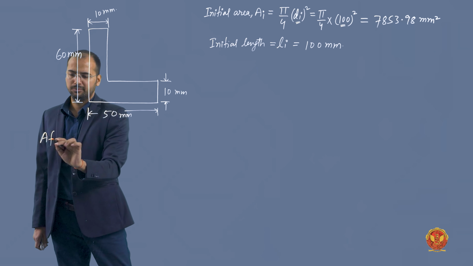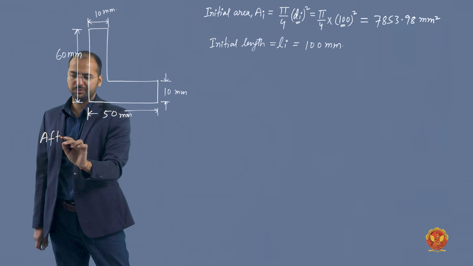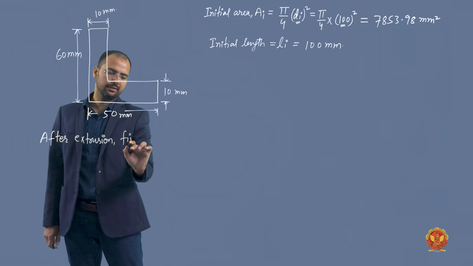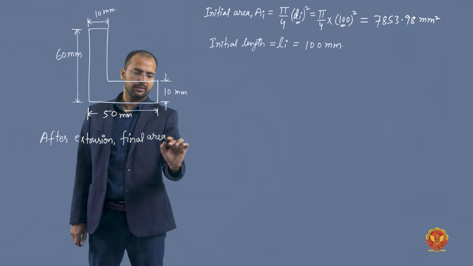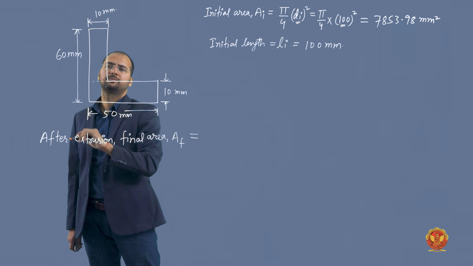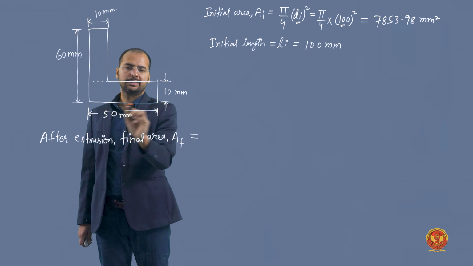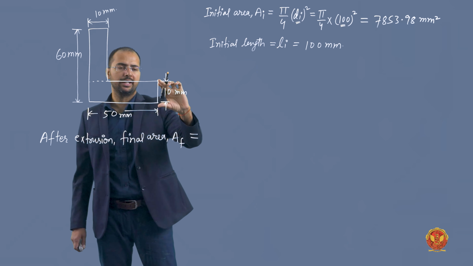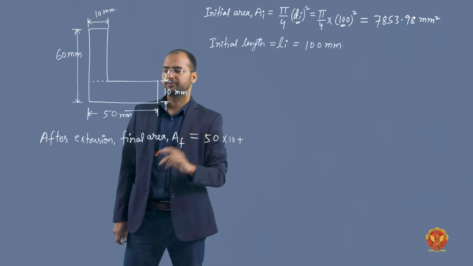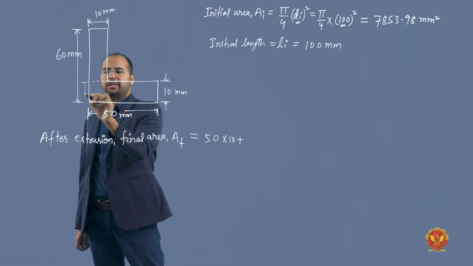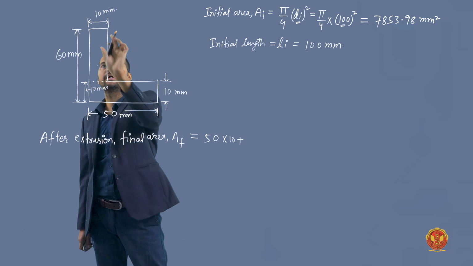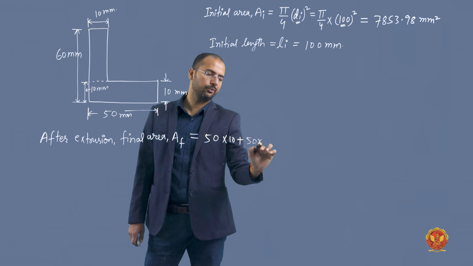So after extrusion, this L shape that we have obtained, the final area AF is equal to, let us find out. This length is 50 and this particular section is of 10, so 50 into 10 plus, this is also 10 mm, this length will be 50 and this is 10, so 50 into 10.